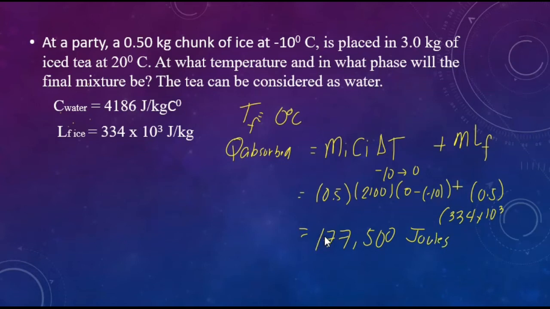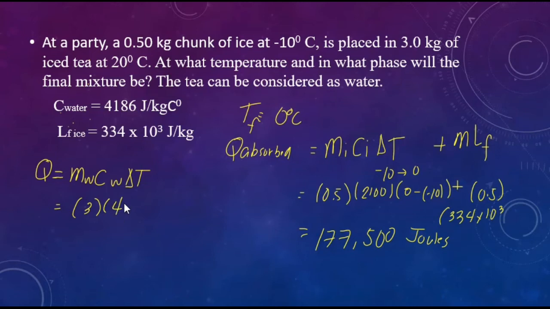Then, we are going to compare it with the Q released by the water. So, let's solve for the Q released by the water. So it's only water. We have mass of the water, C of the water, and then delta T for the water. So that will become a mass of water, we have 3 kilograms.